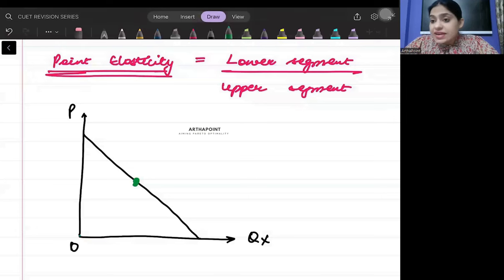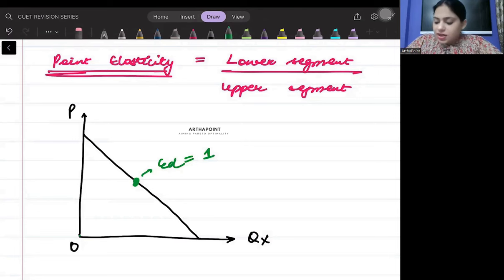Then at this center point the elasticity of demand will be 1, right बेटा? क्योंकि लोअर एंड अपर सेगमेंट दोनों इक्वल है, जितना अपर सेगमेंट है और जितना लोअर सेगमेंट है, बोथ ऑफ देम आर एग्जैक्टली इक्वल टू ईच अदर, राइट बेटा? तो सिंस बोथ ऑफ देम आर इक्वल, तो आई विल गेट दिस पॉइंट.